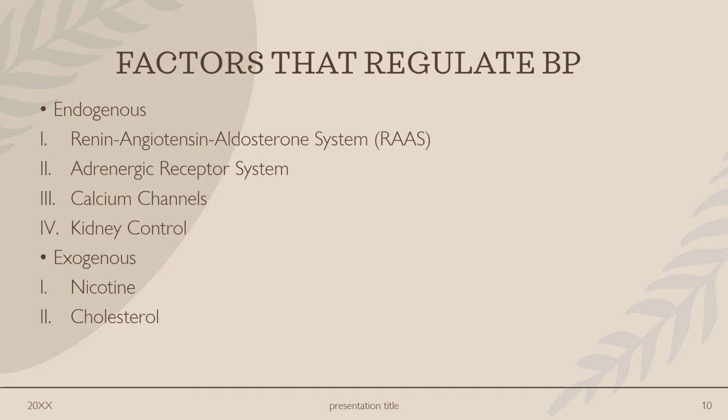Now let's look at a couple of the exogenous factors. There are many external factors that can affect the narrowing of blood vessels and likewise affect blood flow. Two main exogenous factors are most often concurrent with high blood pressure, that is tobacco use and high cholesterol, or we call it hypercholesterolemia.